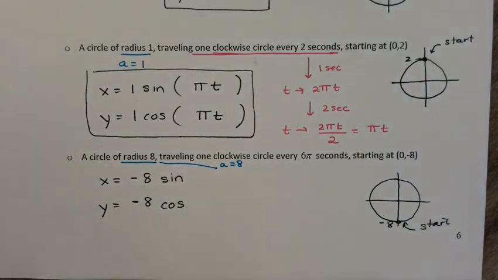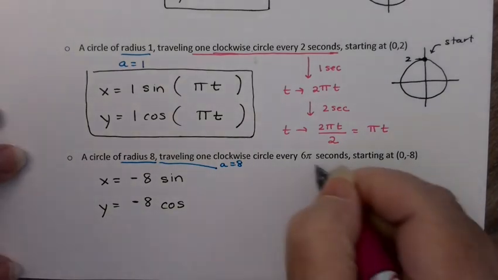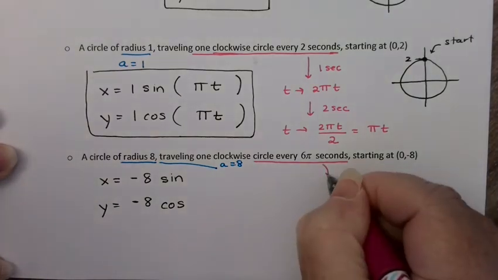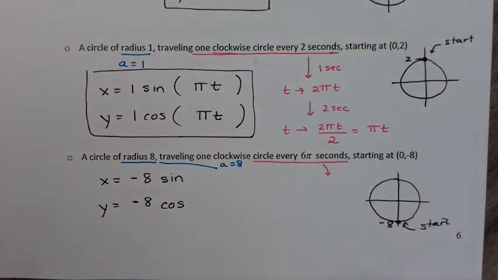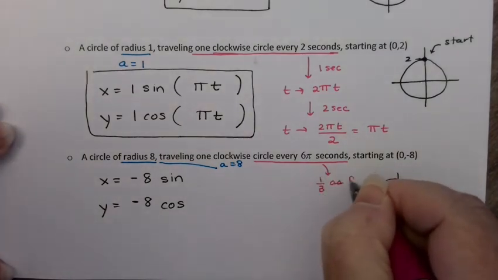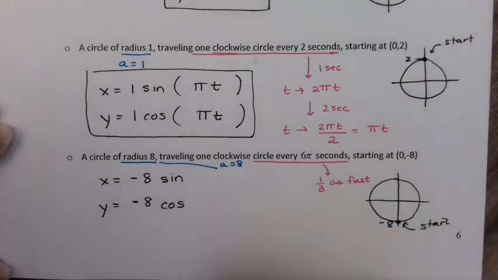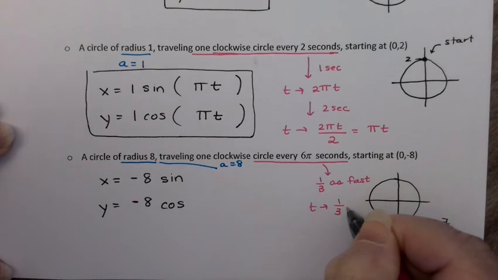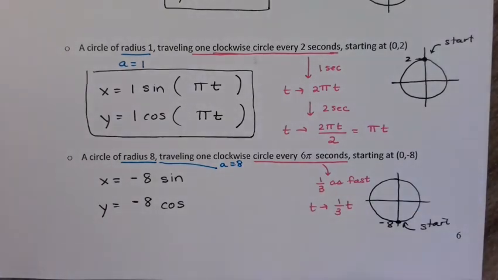All right, what about the period? Well, let's see. 1 circle every 6 pi seconds. Usually it takes 2 pi seconds to go all the way around. So this is 1/3 as fast. It goes 3 times slower, or 1/3 as fast. So t gets replaced by 1/3 t.